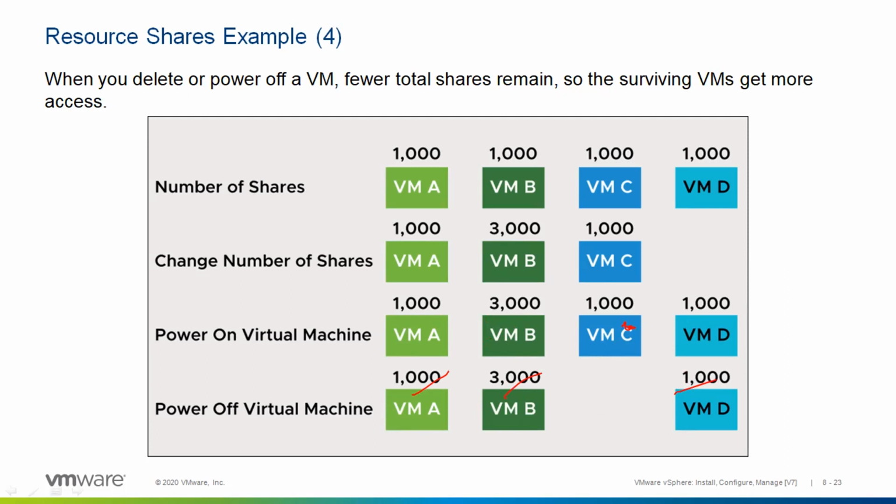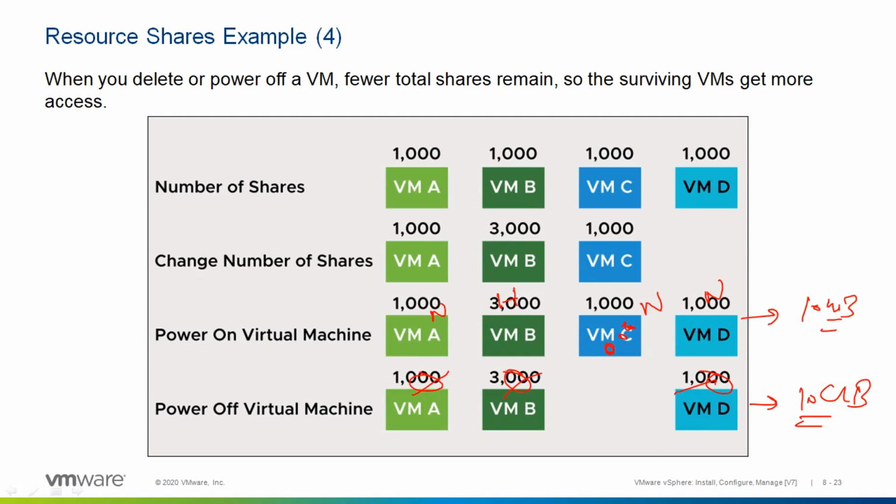So for example, I have a 10 GB pool, and out of this 10 GB, the values are normal, high, normal. But if one VM is powered off, it means that within this 10 GB pool I got some buffer, because one VM is powered off. Then automatically the share value will increase in ratio for the rest of the 3 virtual machines.